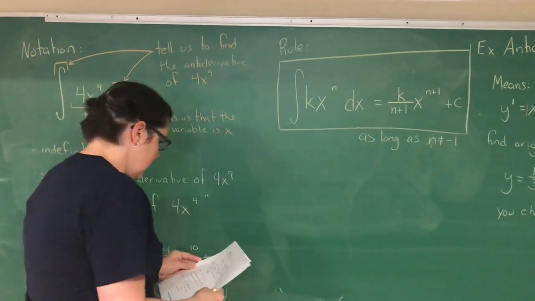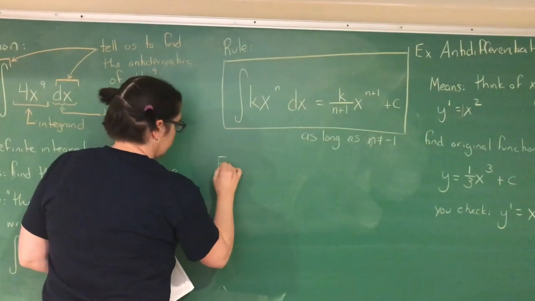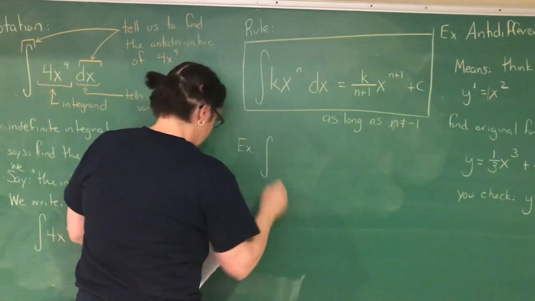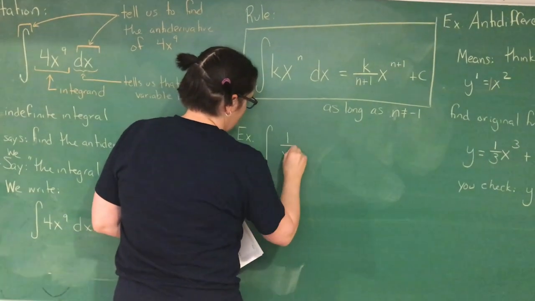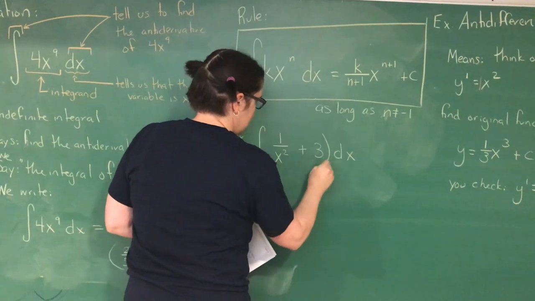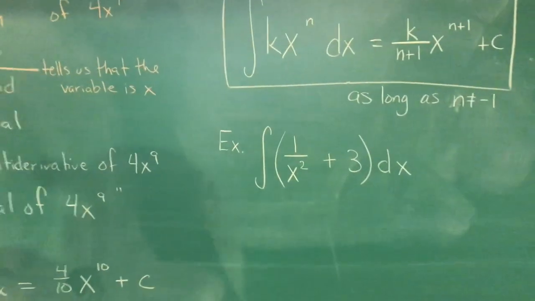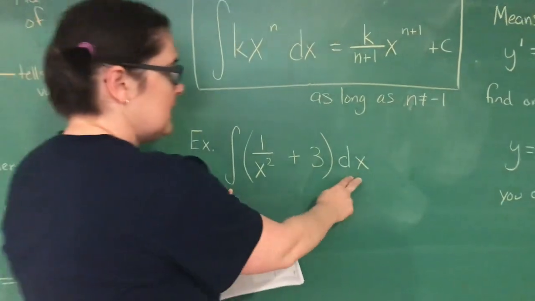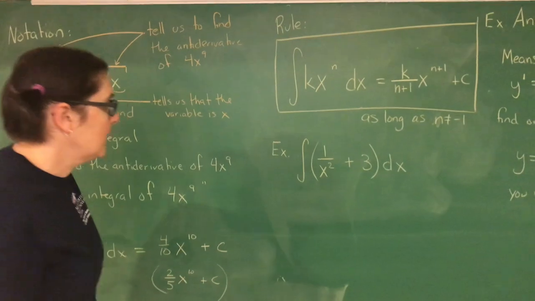Okay, let's look at another example. So here we have the integral of 1 over x squared plus 3 dx. All right, the integral sign and the dx at the end say find the antiderivative of the thing in the middle.